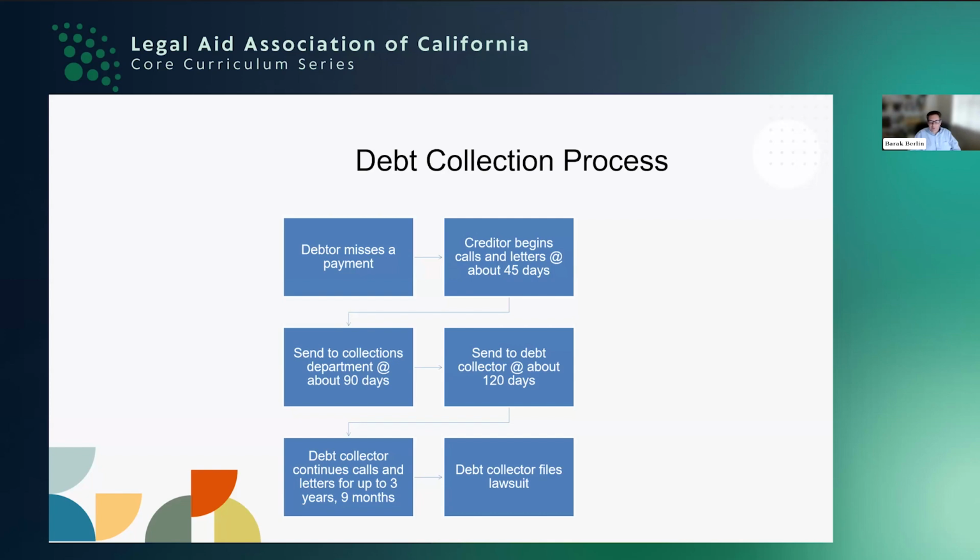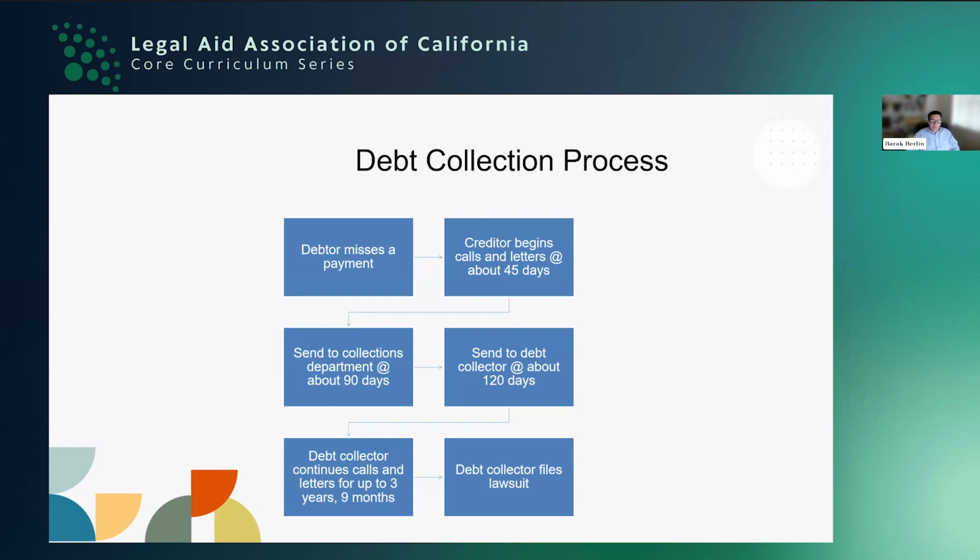The days can vary. So although we put how long it takes before they start that, different banks will have different timelines on that. And even within the same banks, we see different timelines depending on a variety of different things.